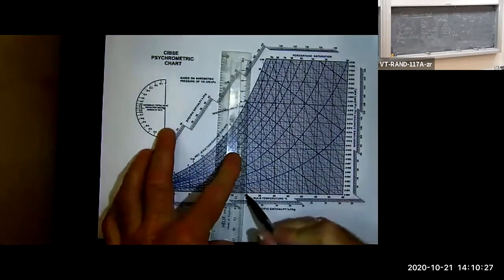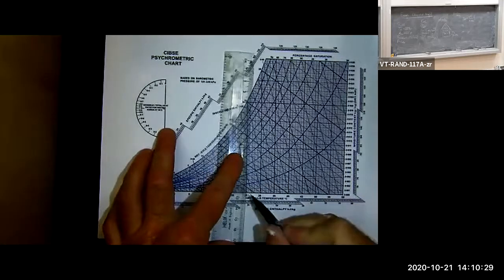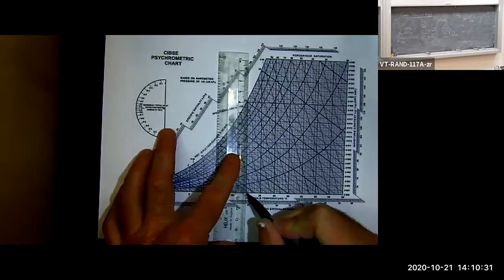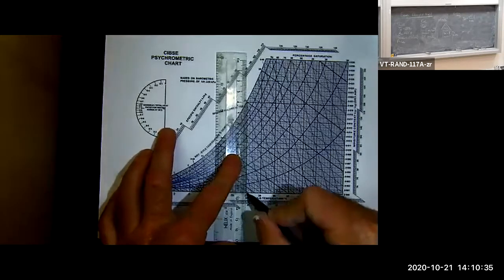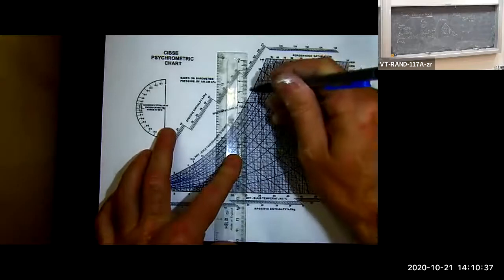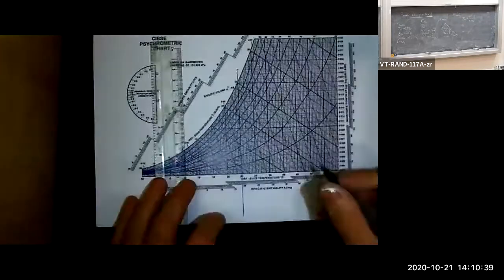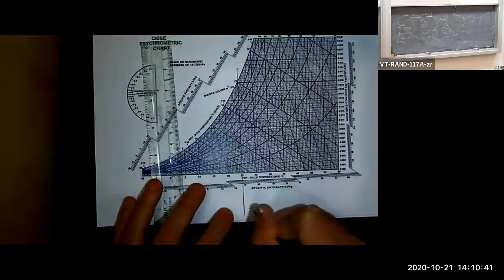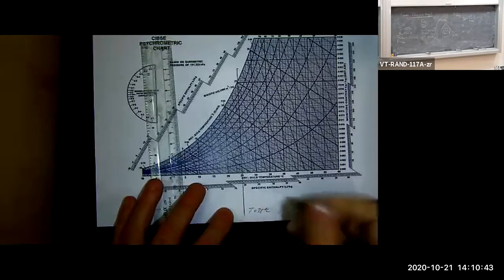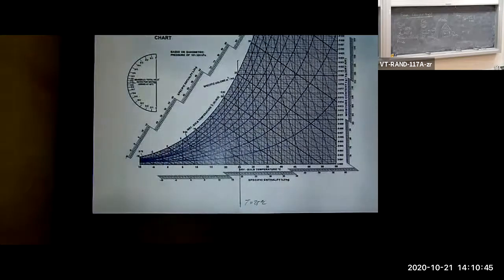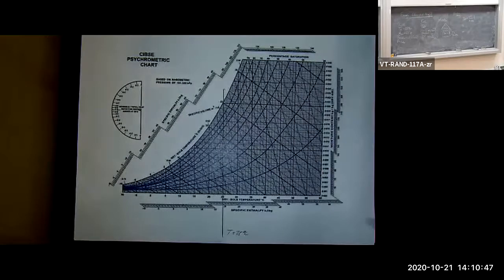There we go. So this is temperature, T equals 25 degrees C. Now we have 65% relative humidity.